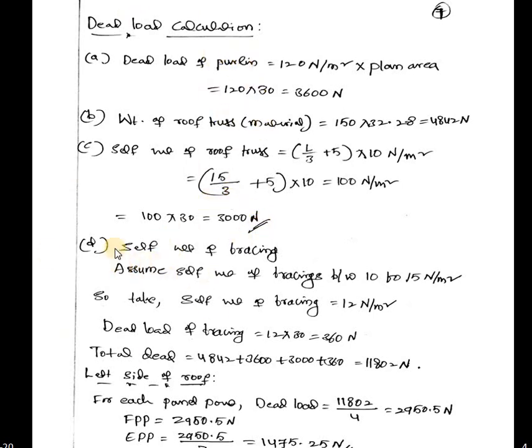Now finally, the last point for dead load, self weight of bracings. Very important. Most people calculate only these three, because above the trusses, purlins and sheeting will be there, and also the self weight of the truss, and they think that is enough. Not only these three, bracings are also available. For that reason, bracing self weight we should consider.